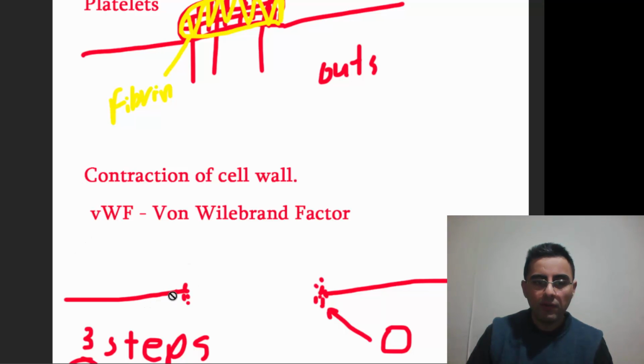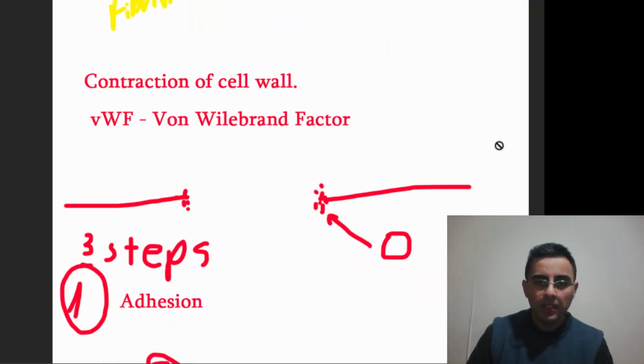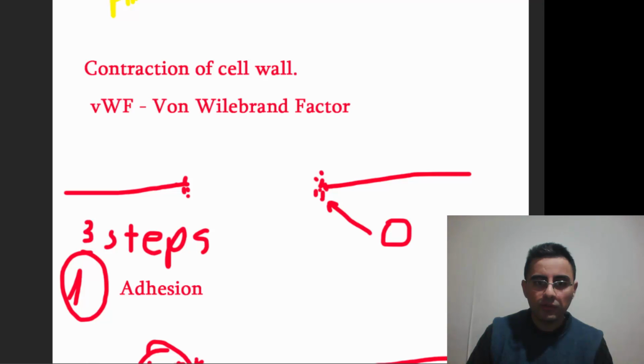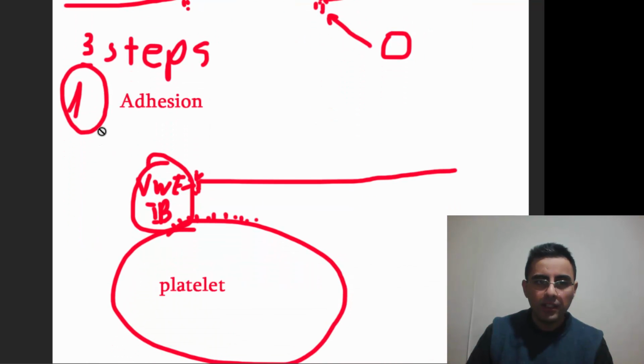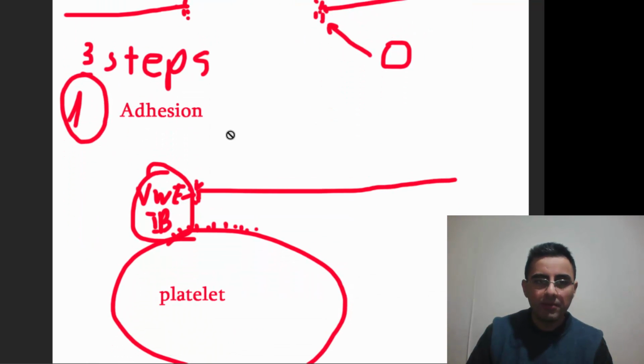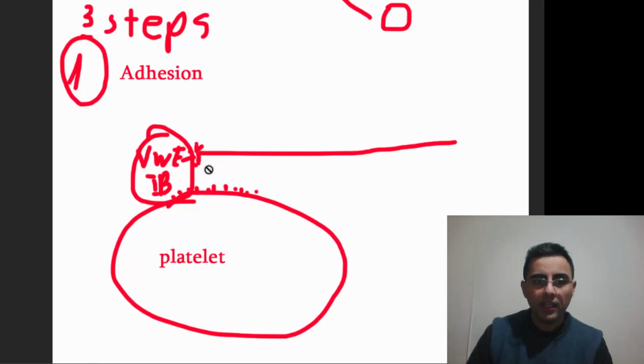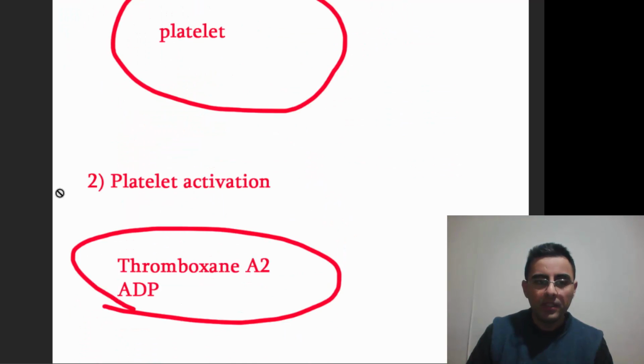After damage, the cell wall contracts instantly to lower blood flow and to change blood flow. After that, there are 3 steps of hemostasis. First, adhesion, platelets adhere to the damage site.